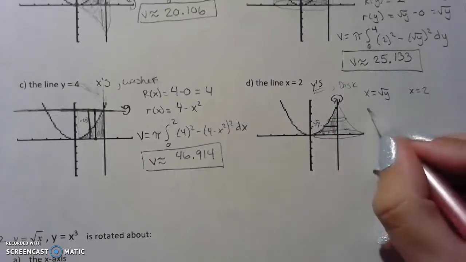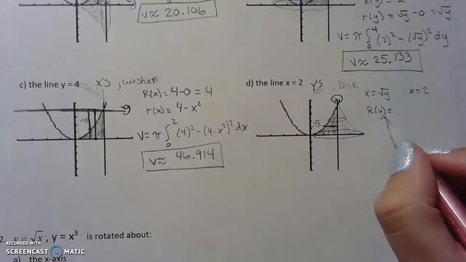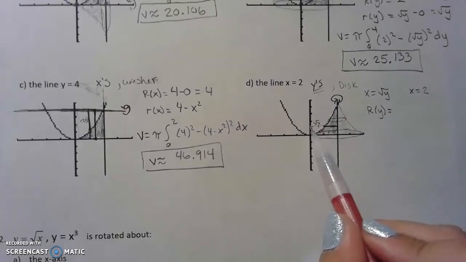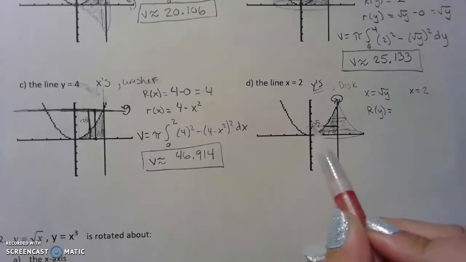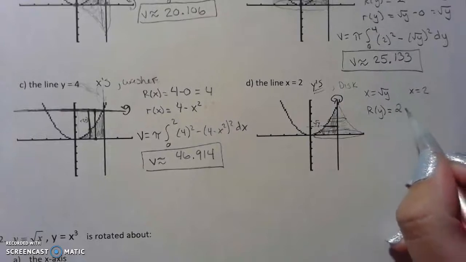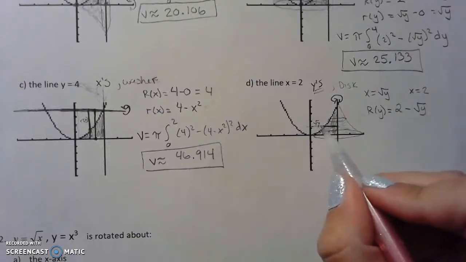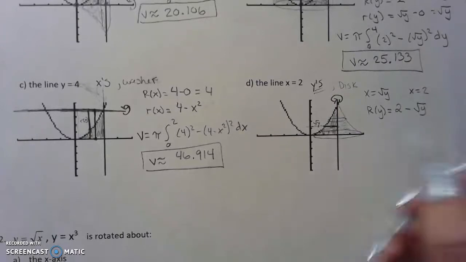So when we're talking about the outer radius, and I'm going to put the y because it's in terms of y, that would be this whole distance taking this open area away. The whole distance here is 2, and we have to subtract that function of the inner piece of the radius. That will give us this piece that's left.